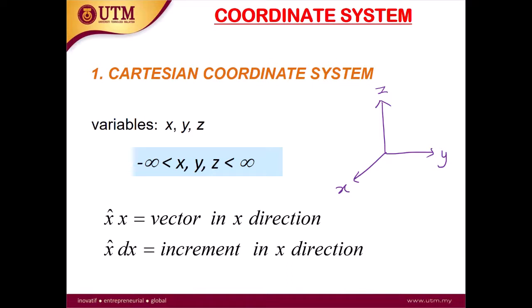So for the time being, we set the coordinate system to be like this. The value on the Cartesian coordinates varies from minus infinity to infinity, which is very big. We don't have a limit.